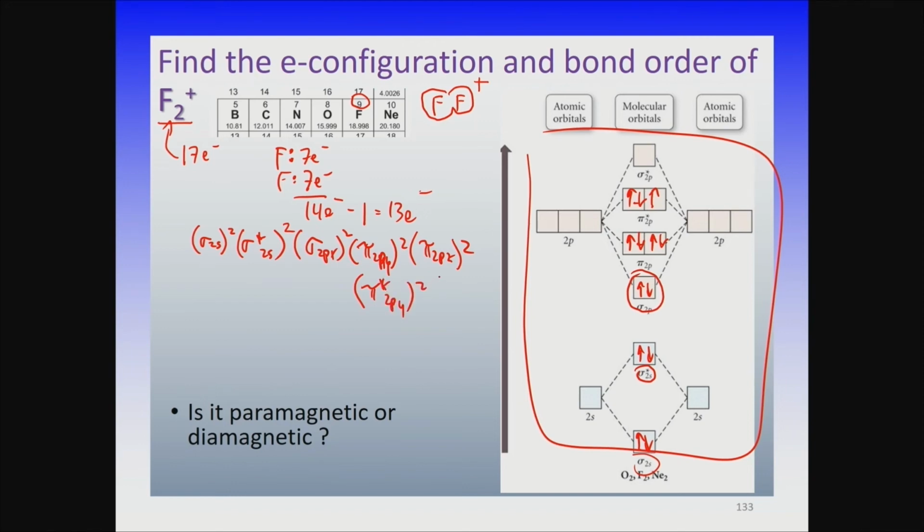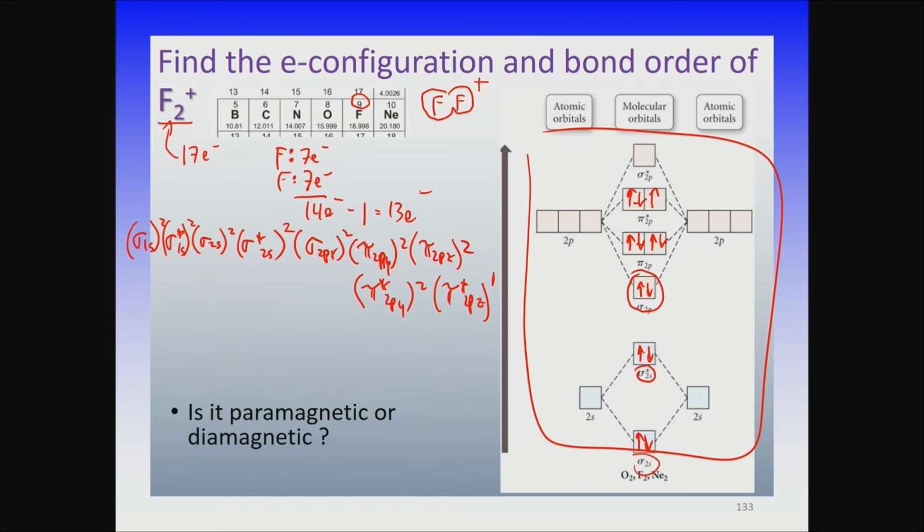And then we have 1 electron in the antibonding orbital of the 2pz, so I'm just going to indicate there's 1 there. Now again, this electron configuration notation is not complete because we don't want to forget about the electrons that went into the core molecular orbitals, so don't forget to write in sigma 1s, 2, and sigma star 1s, 2 like this. So this should be a good electron configuration for the fluorine molecular cation.